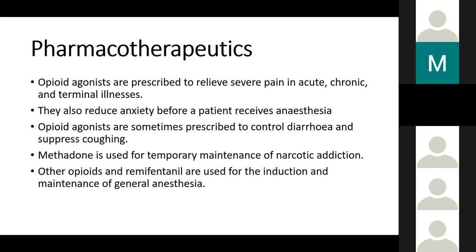So severe pain in acute, chronic, and terminal illness. And then it also helps to reduce anxiety before a patient receives anesthesia. And sometimes it can be used to control diarrhea and to suppress cough. And this is taking advantage of the adverse effects of constipation and then also the antitussive effects.